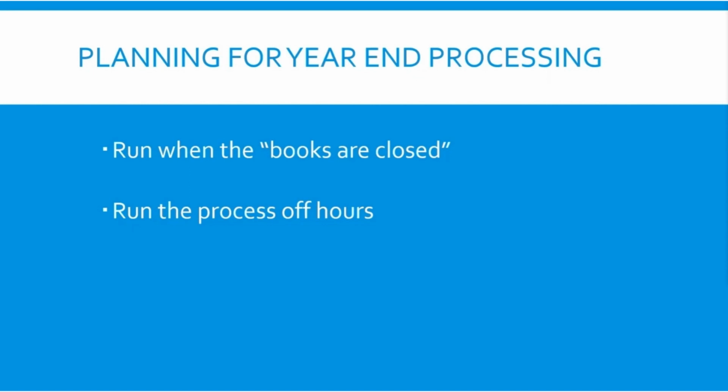Obviously, if you have a larger database, or a number of our customers have multiple entities, multiple companies in their Sage system, that can take more time. And because you're doing it off hours, it's not ideal, but it really does not take that much time to sit down and run through the process once you get all the users out of the system.